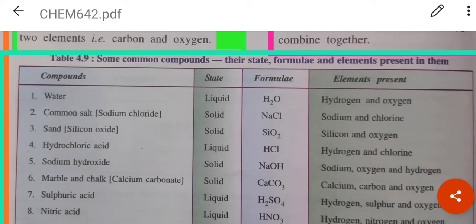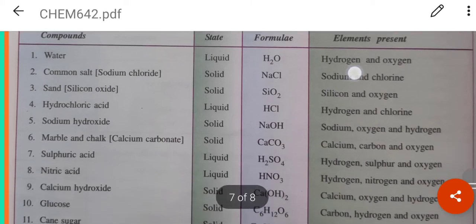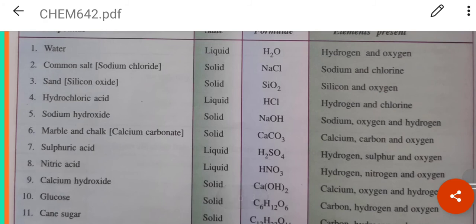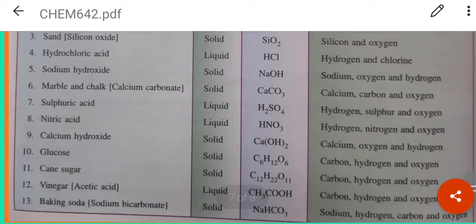Sand, silicon oxide, formula is SiO2, elements present are silicon and oxygen. Hydrochloric acid, it is a liquid, formula is HCl, elements present are hydrogen and chlorine. Sodium hydroxide, solid, formula NaOH, elements present are sodium, oxygen and hydrogen.